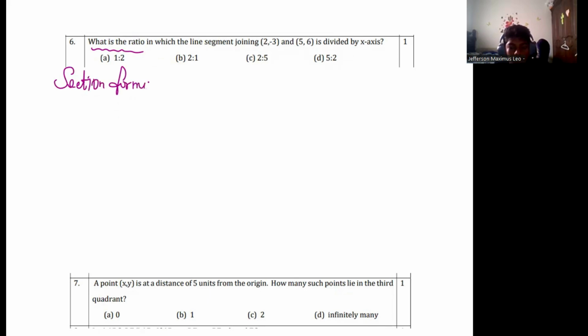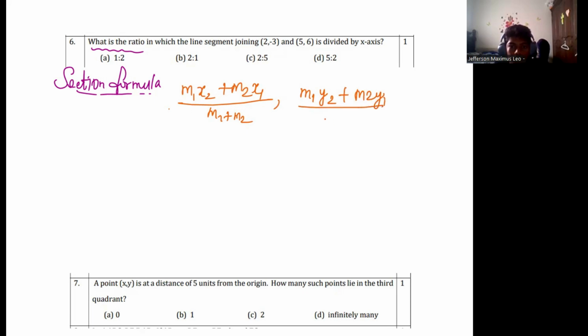Please say the section formula now. m1 x2 plus m2 x1 by m1 plus m2, and m1 y2 plus m2 y1 by m1 plus m2. This is the section formula.